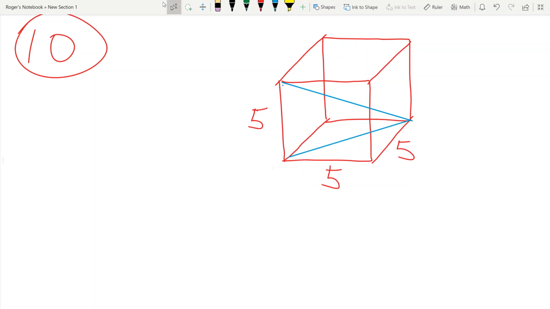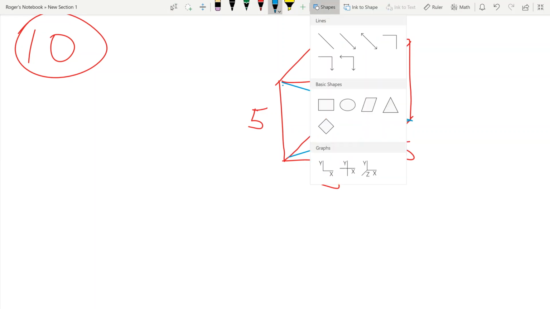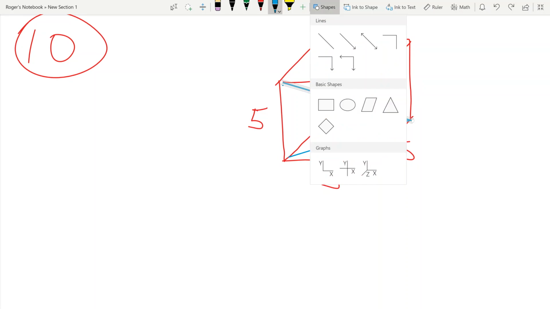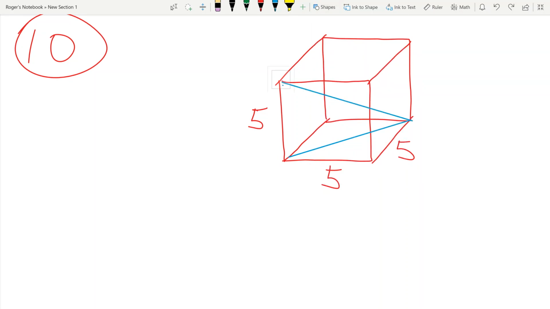And of course, this remaining side is right here. This is my remaining side. So I want to solve this particular right triangle right here.